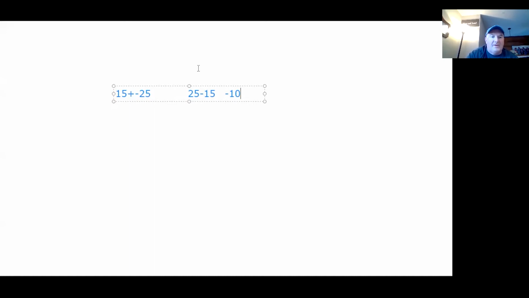Okay, now here's another one. Let's clear all drawings. We have 3 minus 8. The book shows this one as reshaping it like 3 plus negative 8, but I don't necessarily like that.